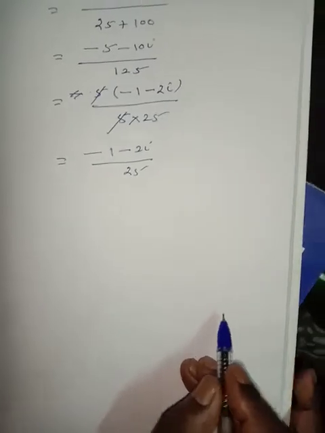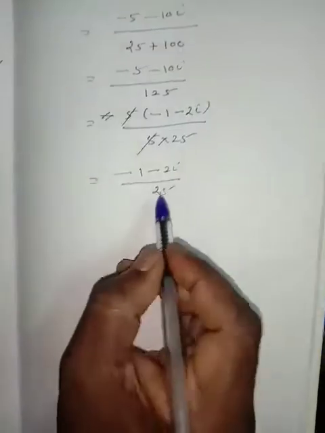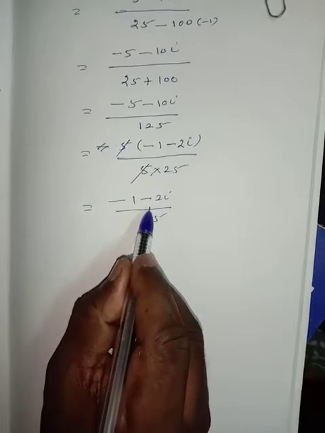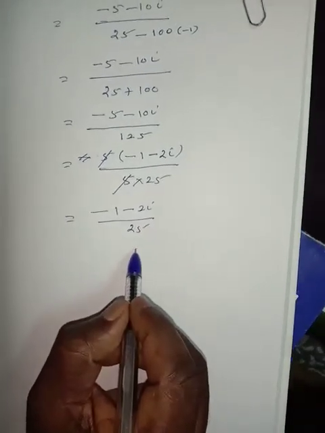Now the inverse of z1 z2 is minus 1 minus 2i divided by 25.